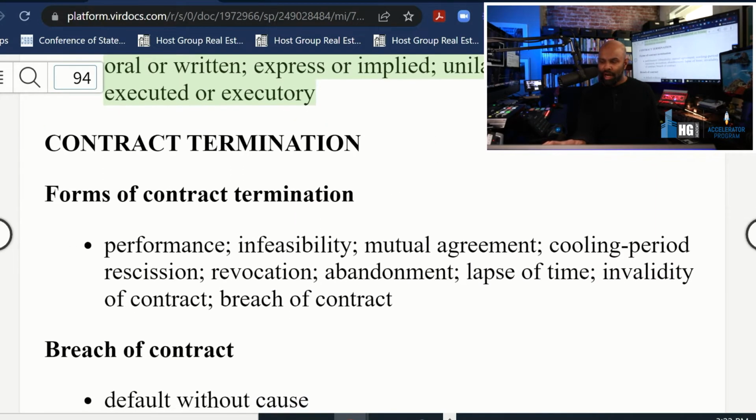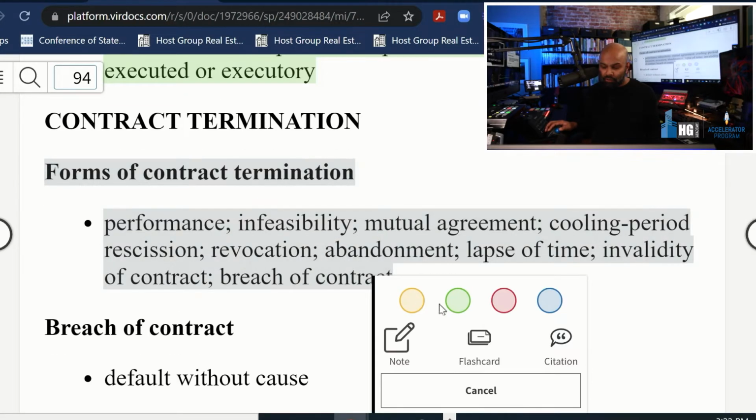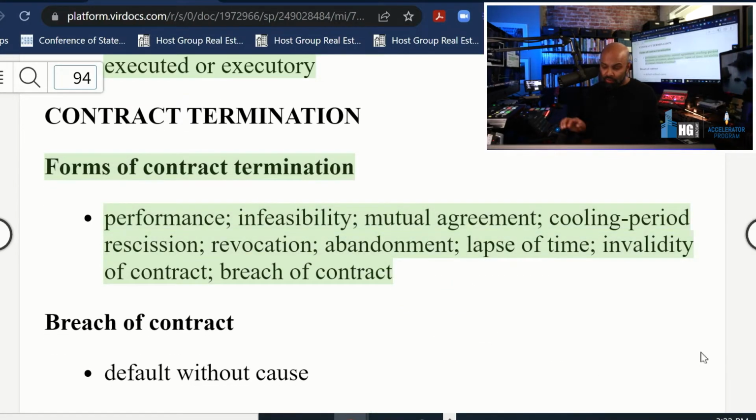And then we talked about contract termination. Forms of contract termination could be full performance, the ideal way, infeasibility, mutual agreement, rescission or a cooling off period, revocation or abandonment, time lapse, invalidity of contract, and breach. Now with breach, we will see a few different vocab phrases that are very popular.